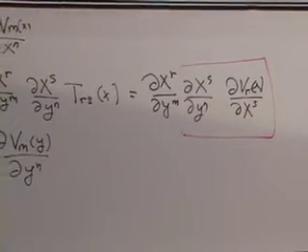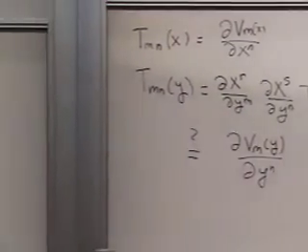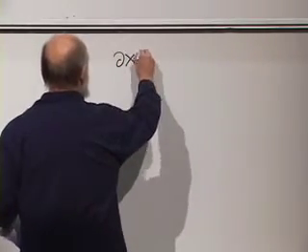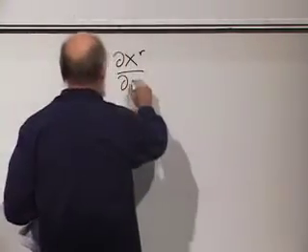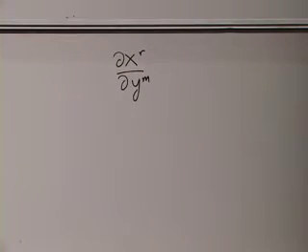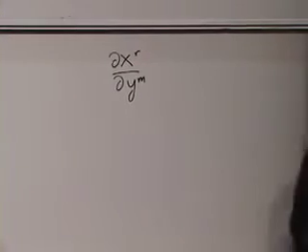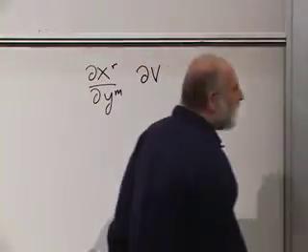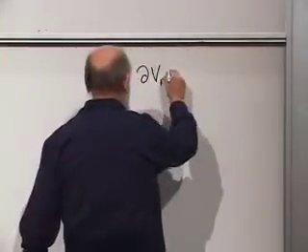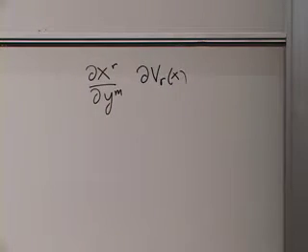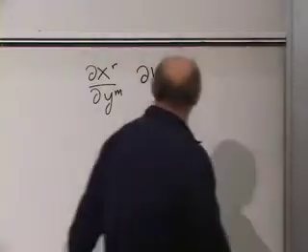It's dxr by dym. And now if I use the chain rule, I simplify this, and I just find it's the derivative of Vr of x, but not with respect to x, but with respect to yn.